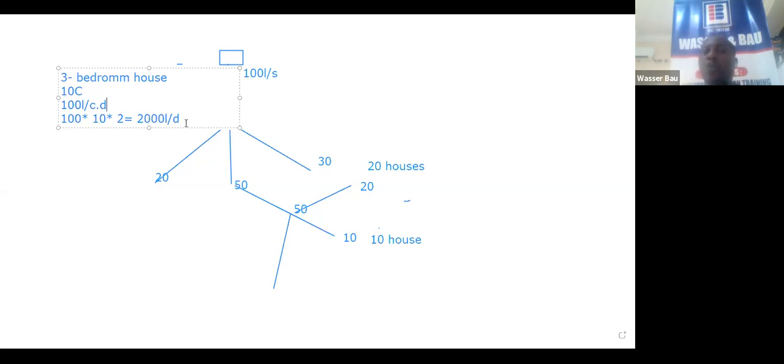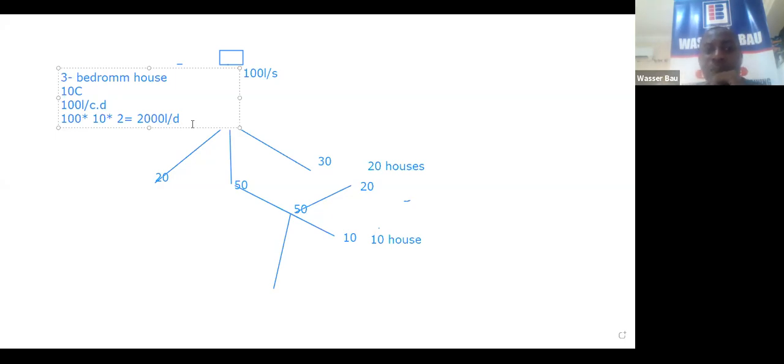So I will now have 2,000 liters per day. That is what 10 people need. And for those of us that have been in consultancy, you can relate with it. For a house that has 10 people, provide them with 2,000 liters, 2 cubic meters. Yes, that's the standard. They might not finish it, but that is the standard.